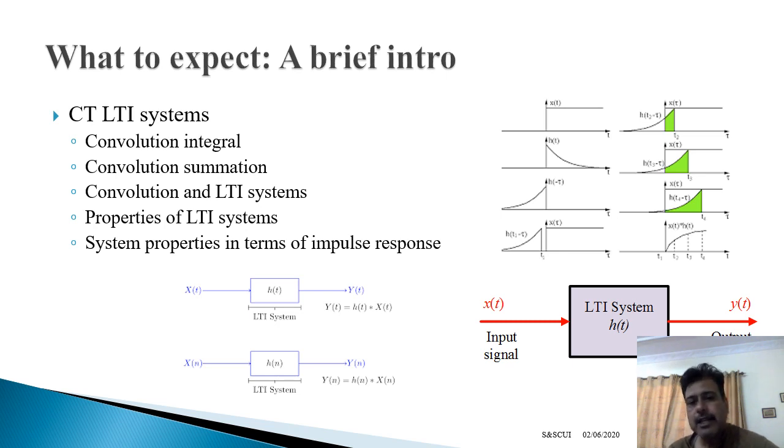But all these attributes of the system can also be determined in terms of impulse response. So the impulse response of a system has some unique properties, and in some way it can tell about those system properties. So we will also discuss the properties of LTI systems in terms of their impulse responses.